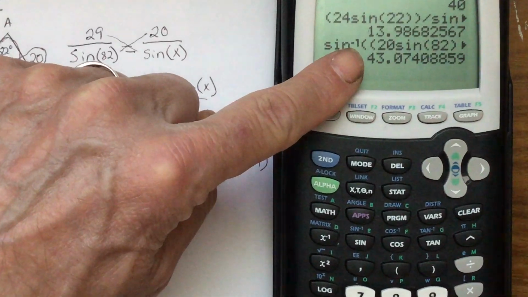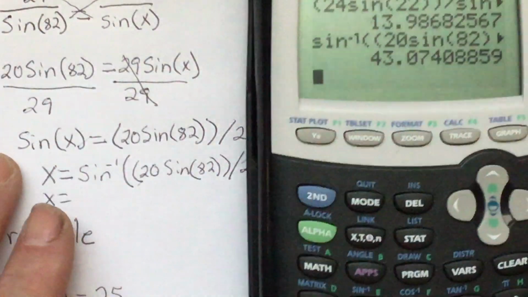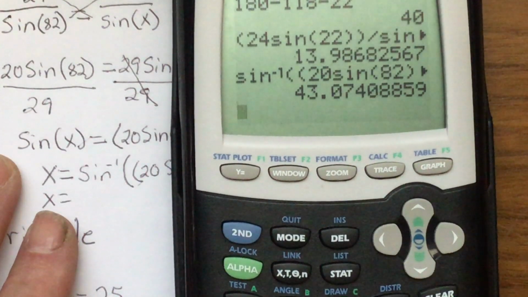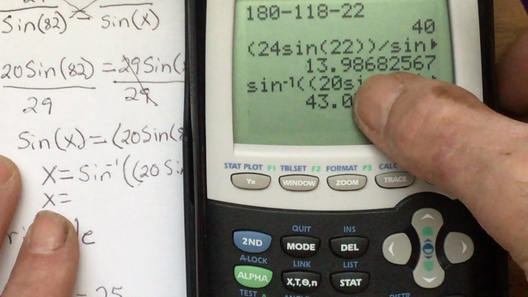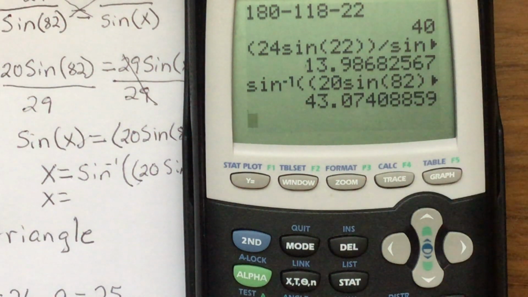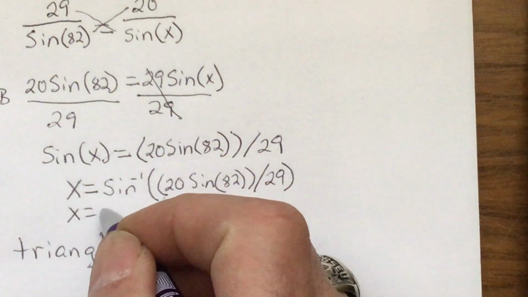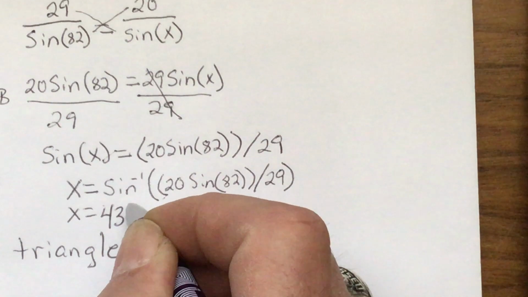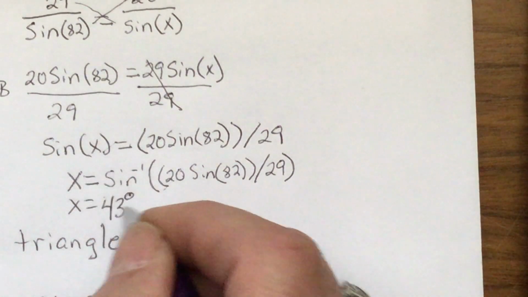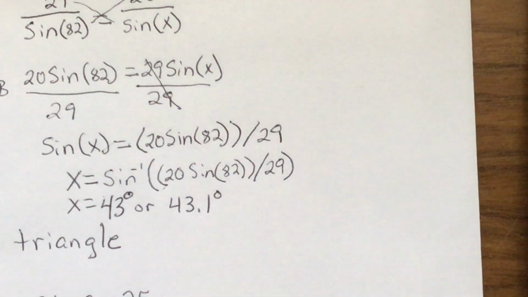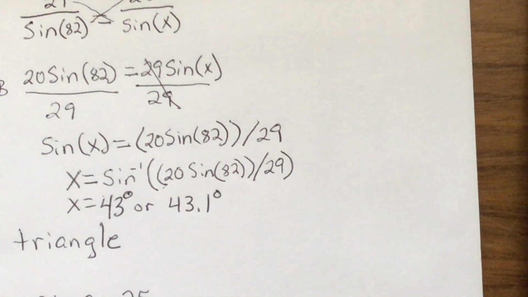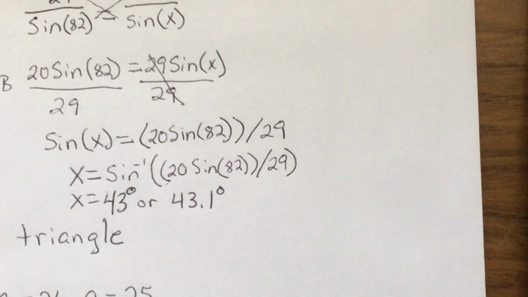Round to the nearest tenth. There's what I typed in. Rounded to the nearest tenth, that would become a 1 right there. So 43.1. If you call it 43, that's fine. 43 degrees, or 43.1 degrees. Not too bad.